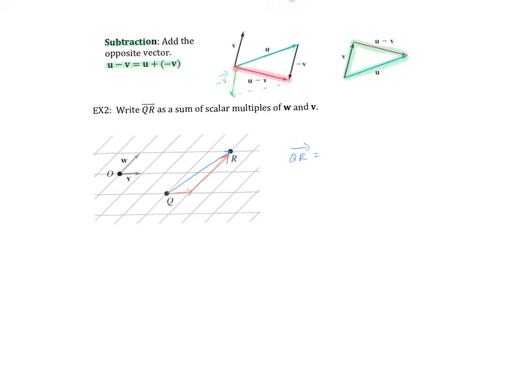And then I can describe my vector QR as the vector v, right? That would be this piece here, plus, now this is not quite w, it looks like it's 2 times w. So plus 2 times w.